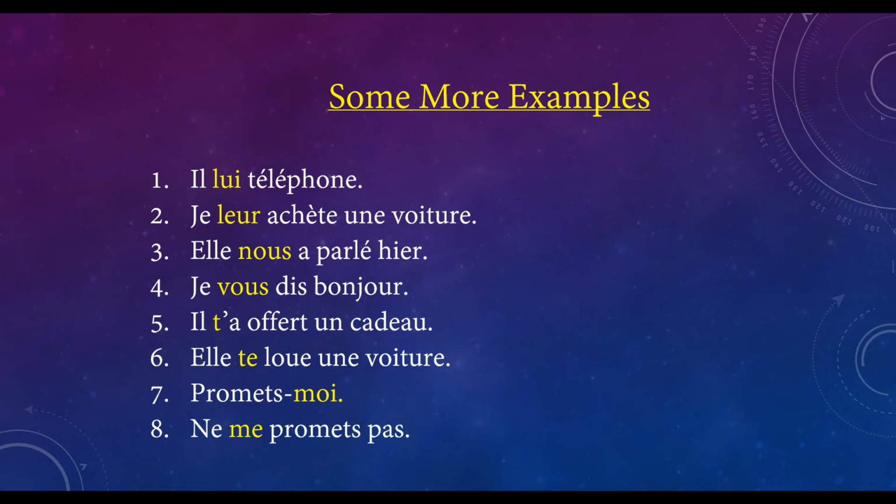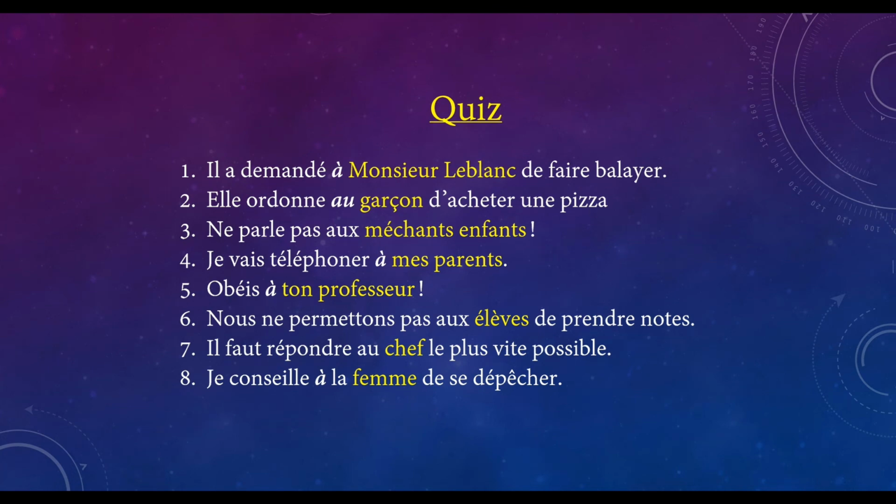Now, let us do a small quiz and see if you have understood this chapter. Okay, now there are 8 sentences. You have to replace the words highlighted in yellow with POI or indirect pronouns.